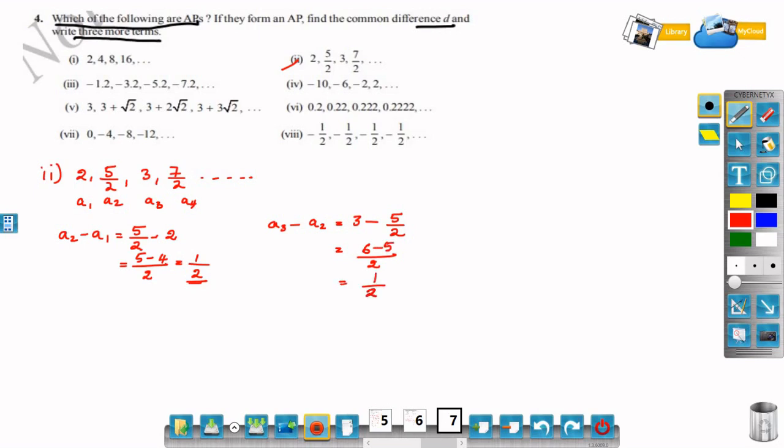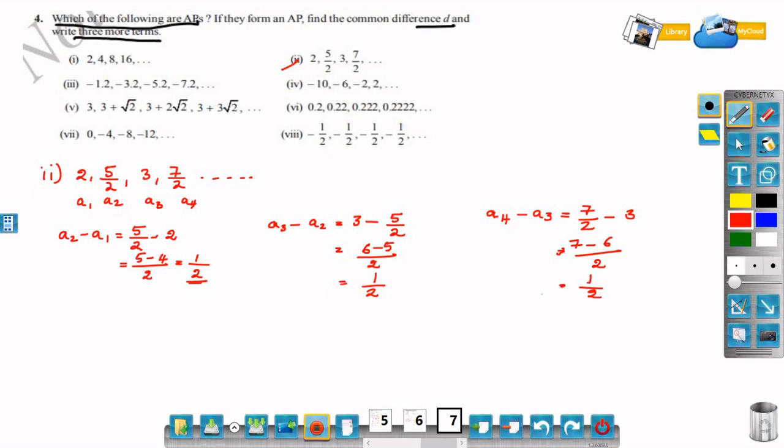That is 1 by 2. I am getting these two common differences equal. Let us check the third one. A4 minus A3. That is 7 by 2 minus 3. 2 is the common denominator. 7 minus 2 into 3 is 6. 7 minus 6, 1 by 2.